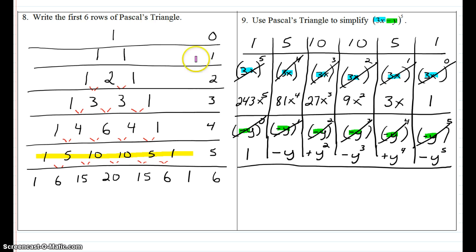So you're going to take this times this times this. That'll be your first term. So 1 times 243x to the fifth times 1 gives us 243x to the fifth.